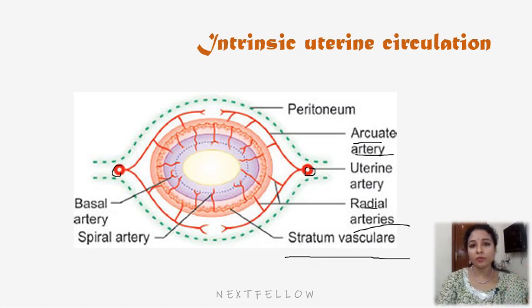From the stratum vasculare, the basal and the spiral arteries are given off to supply the endometrium. Spiral arteries supply the functional zone of the endometrium, which is cast off during menstruation, and basal arteries supply the basal zone of the endometrium, which regenerates the denuded endometrium.